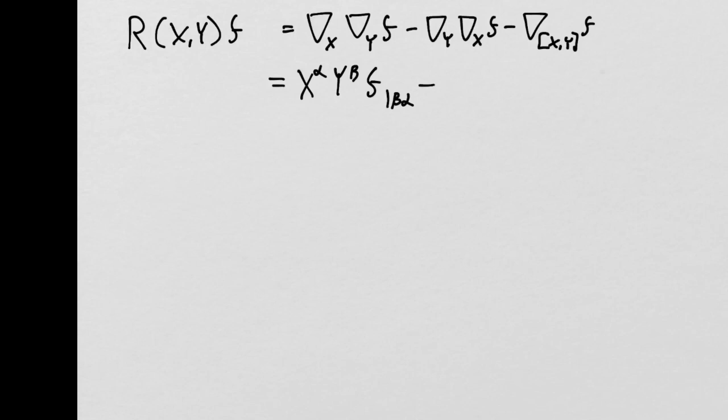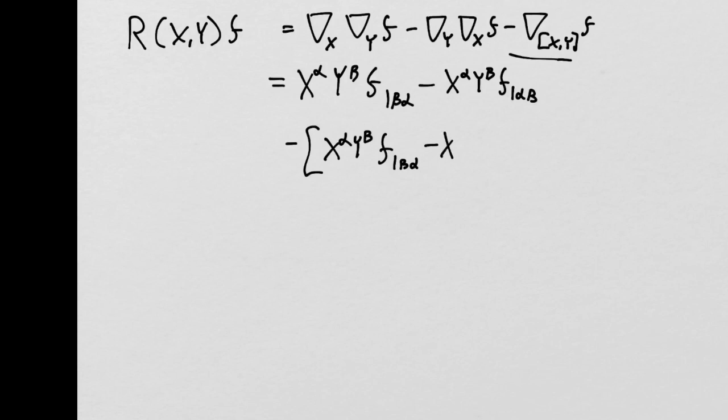And then this will be X^alpha Y^beta, and then it'll go in the opposite order, alpha beta, and then this piece here is going to be minus X^alpha Y^beta f beta alpha minus X^alpha Y^beta f alpha beta, right?